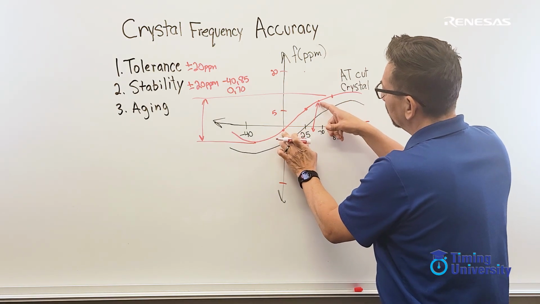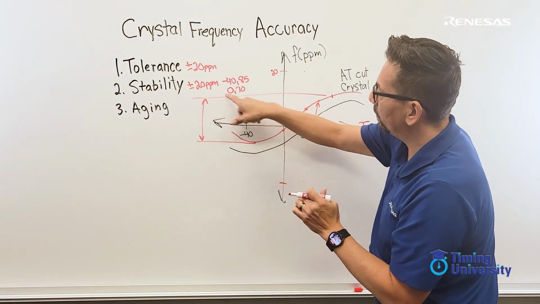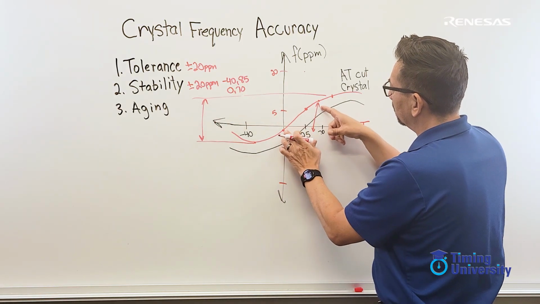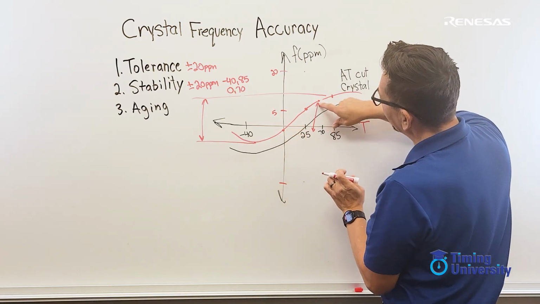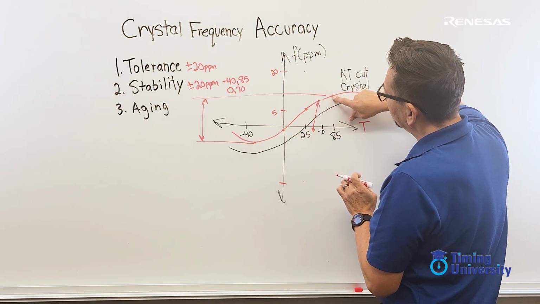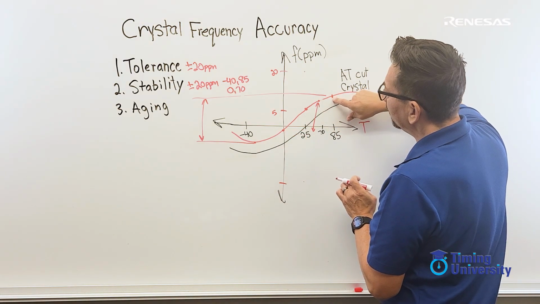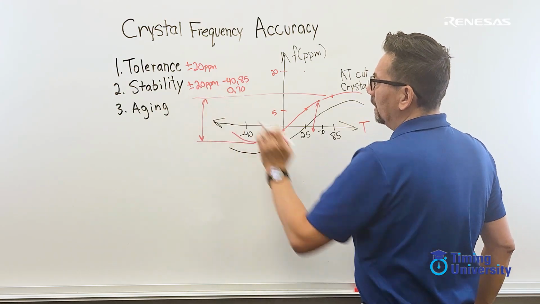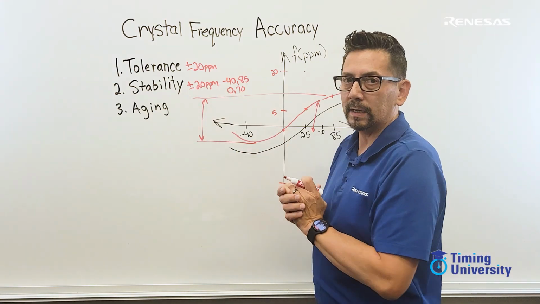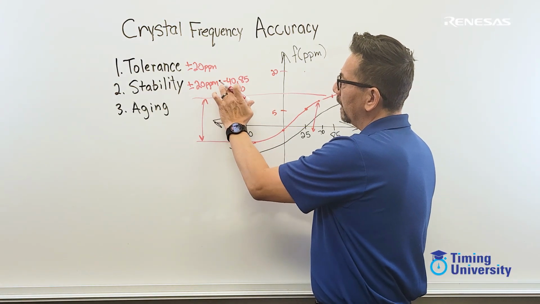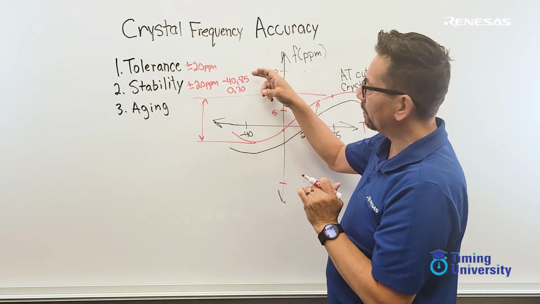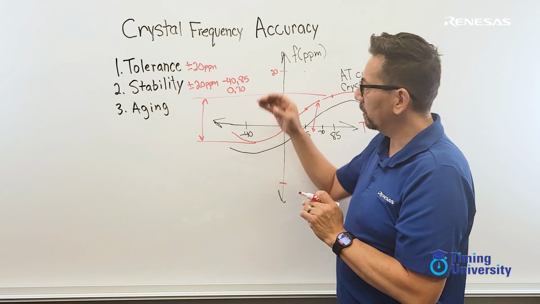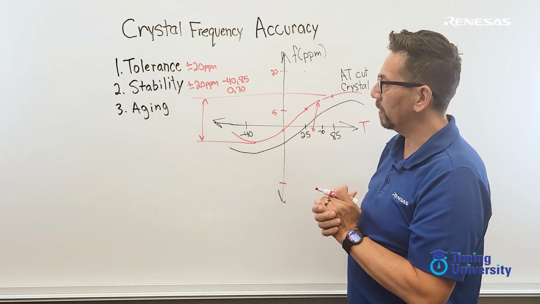If this range in this example is only 0 to 70 degrees Celsius, up to this point, if the frequency increases, the frequency is going to exceed that spec. So that's why it's important that the correct temperature range is selected for that spec. So take a look at your application and select a crystal appropriately for the temperature range.